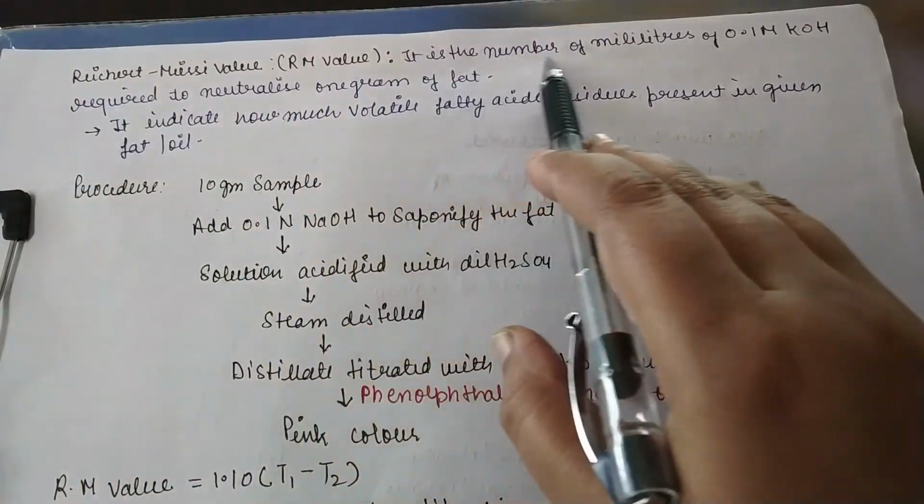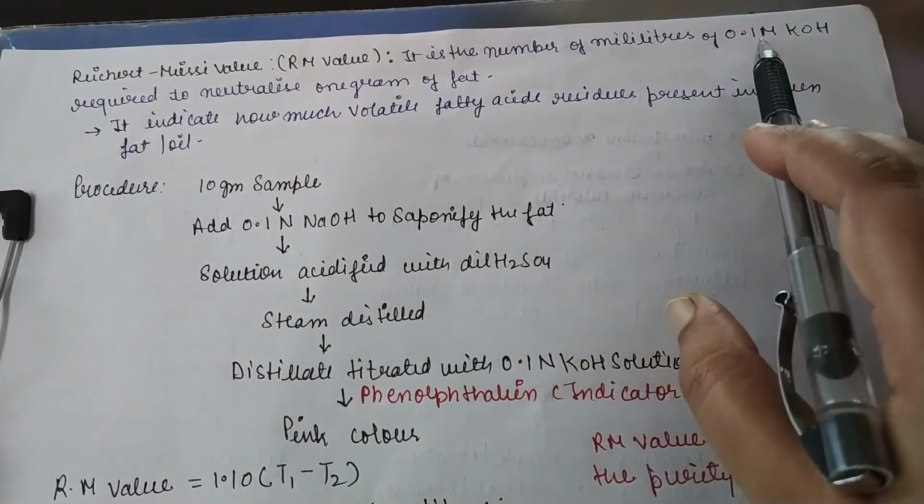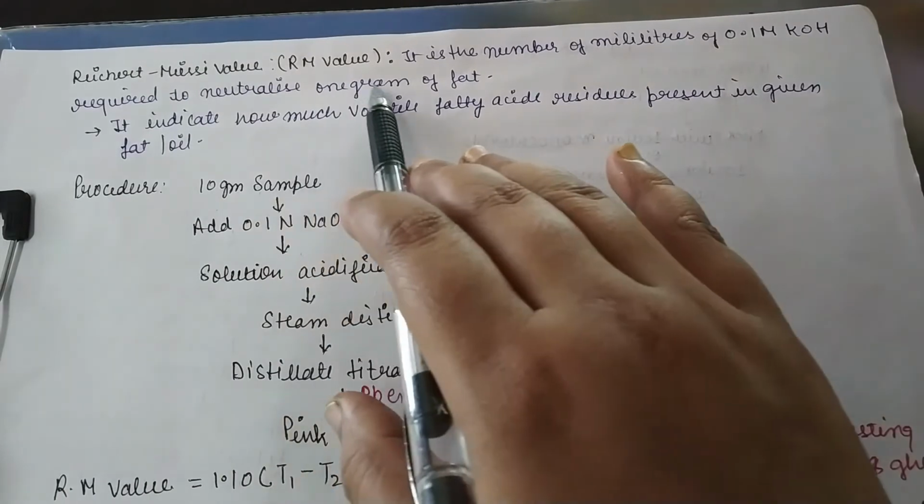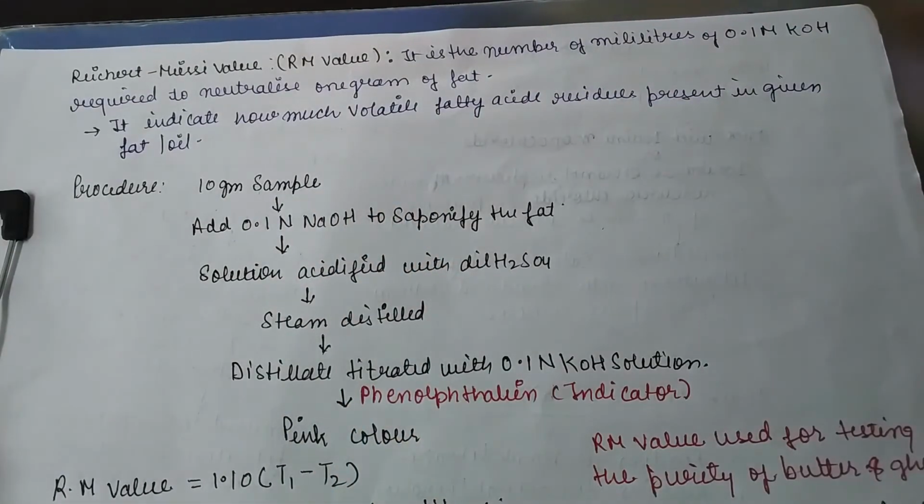It is the number of milliliters of 0.1 normal potassium hydroxide required to neutralize 1 gram of fat. Generally, the RM value indicates how much volatile fatty acid residue is present in the given fat or oil.